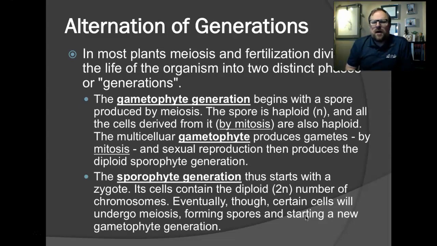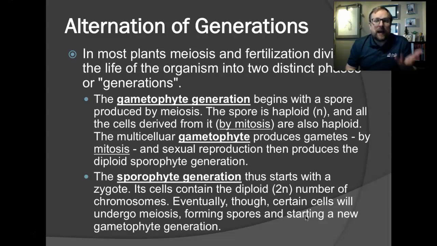I'm going to do my best to explain this, but the video that I included called the alternation of generations angiosperms is excellent at explaining this in 3 minutes and 10 seconds. So I'm hoping that you guys go and view that one because it'll fill in some blanks for you for sure.